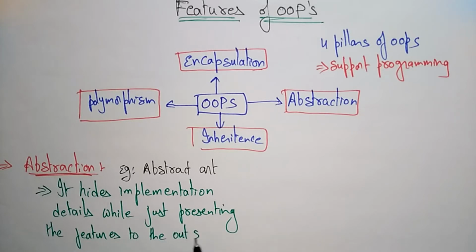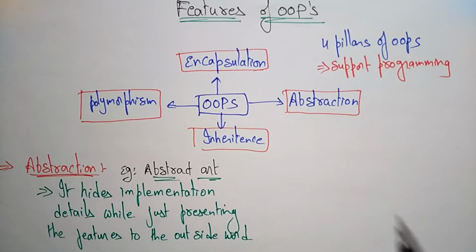If you see the abstract art, you just feel that the painting is beautiful. Only the features are shown to the outside world, but the implementation details are hidden, like what colors they are mixing, and how many colors they mixed to get one color. Abstraction hides the implementation details, and only the features are exposed to the outside world.